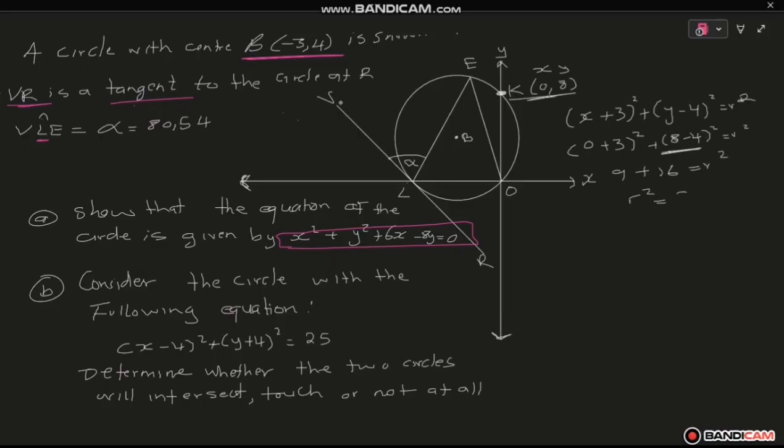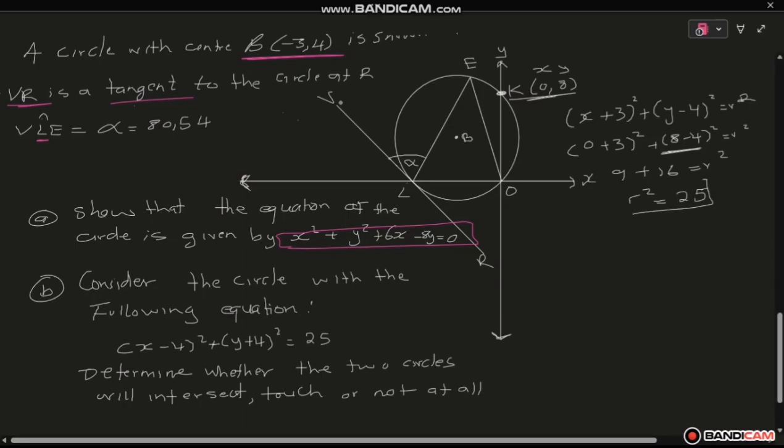Therefore, r squared equals 25. Then we can take it and substitute it where there's r squared, meaning we have (x plus 3) squared plus (y minus 4) squared equals 25.